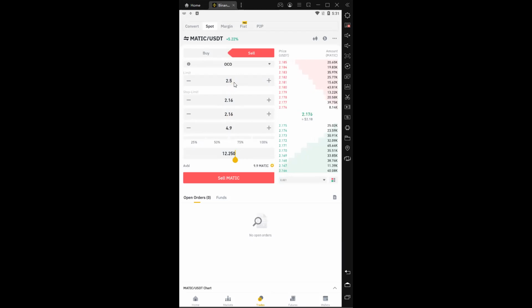So sell it at 2.5, but put a stop limit at 2.16. Any of these conditions that gets met first will be the condition that is triggered. So if the price increases to 2.5 first before getting to the low of 2.16, then the coin will be sold at 2.5. But if the price drops to 2.16 first before it reaches 2.5, it is the 2.16 condition that will be met first.